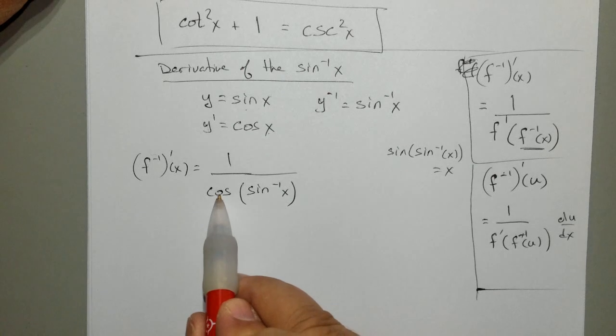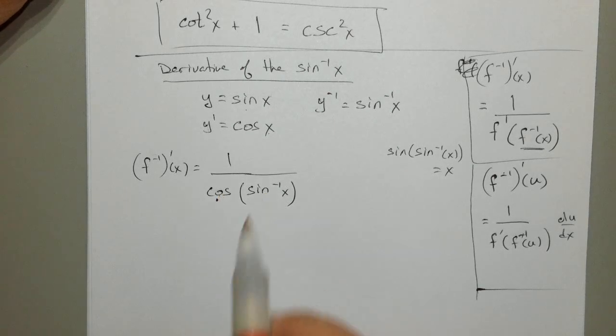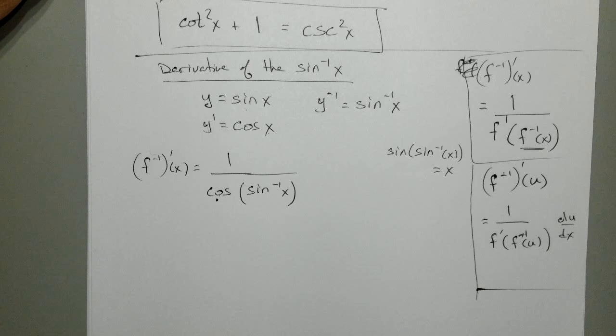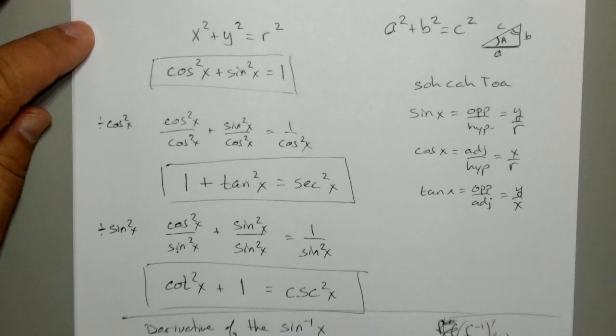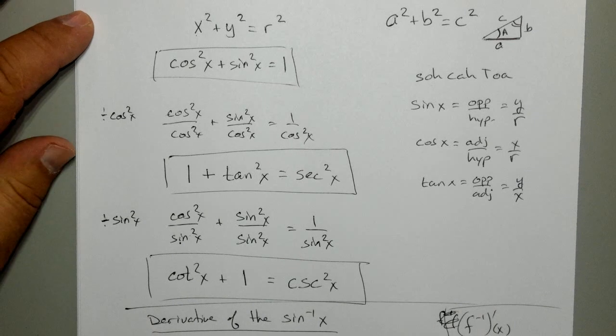So how do we get cosine in terms of sine? Let me give you a hint. It's up there somewhere. Can we solve one of those for cosine? Which one and how?